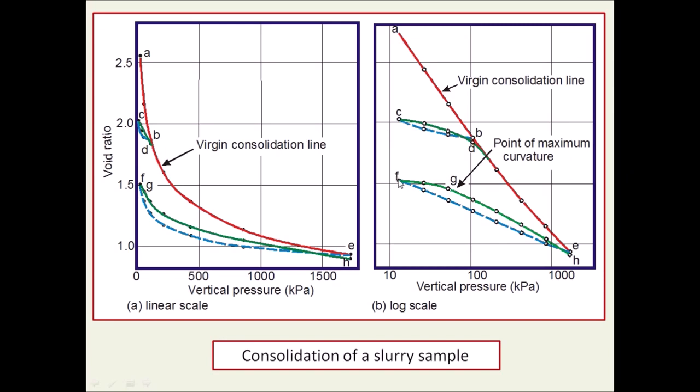We would then have an overconsolidated soil and we could do an odometer test from point F, and the curve we would get is F, G, E. And you notice by the time it gets to point E, it's almost asymptotic to this line here.